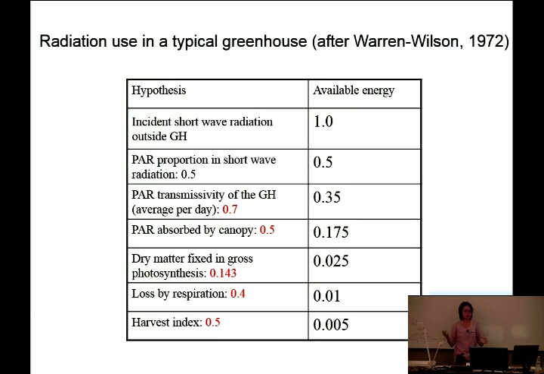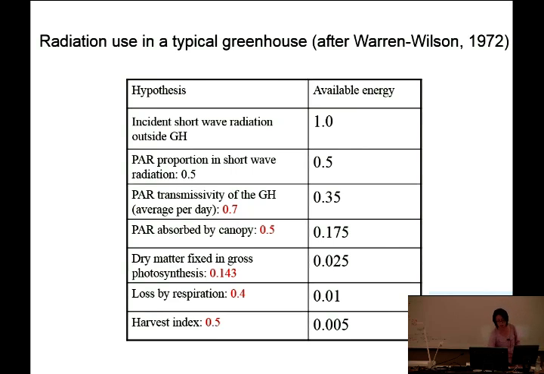And then plants need to do respiration. They fix the energy into carbohydrate in a chemical energy format. However, they need to consume that energy to maintain the metabolism. That is the respiration. So the respiration loss is 60% in this case.